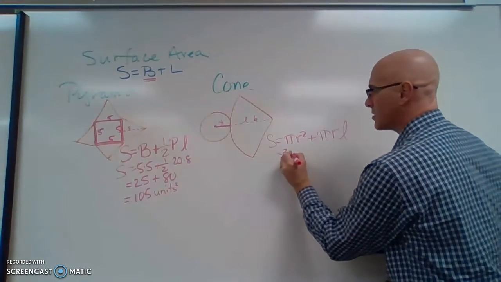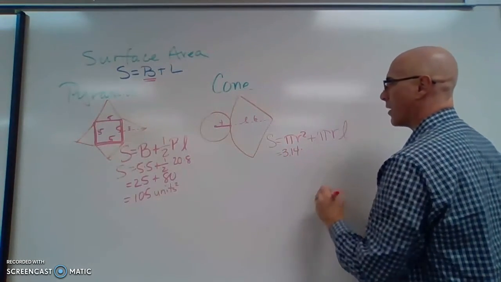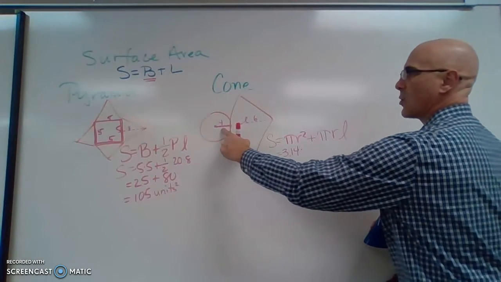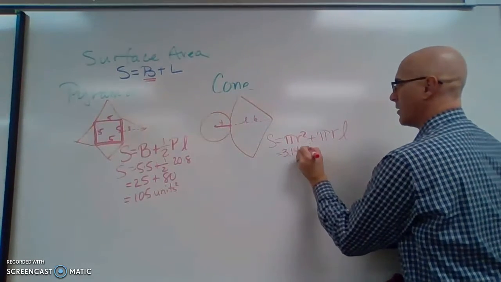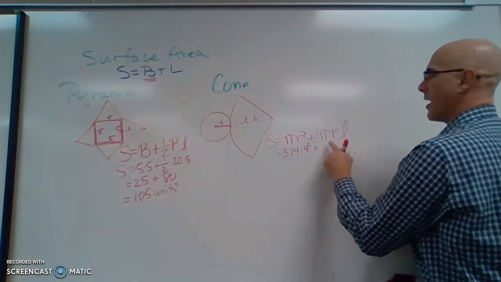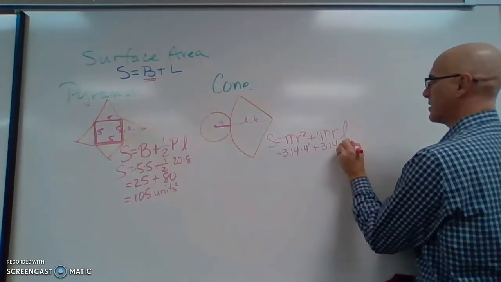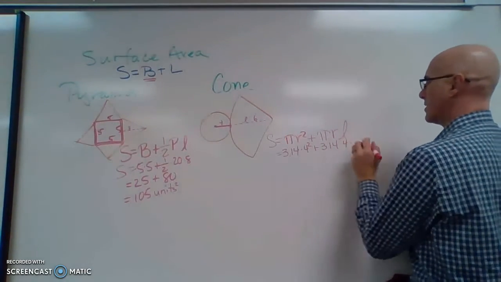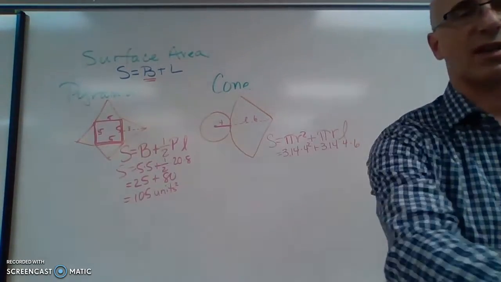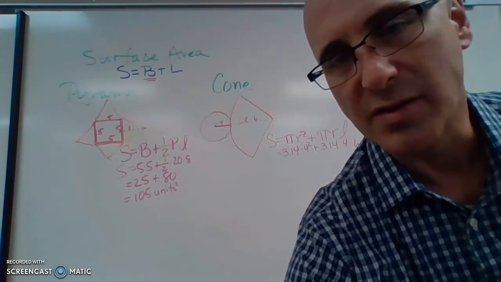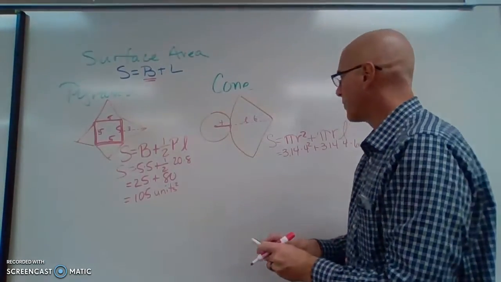So for pi, we're used to using 3.14 times the radius squared. So 4 times 4, I'll just put 4 squared. And we have pi, 3.14 times the radius, 4 times the slant height, 6. Now this is where we need to use our calculator.